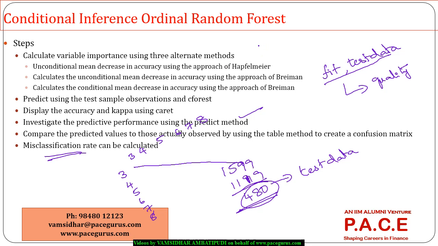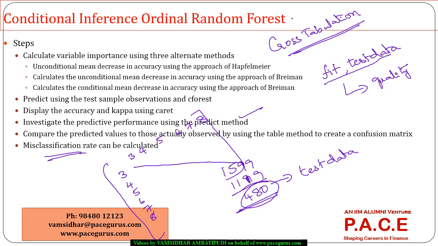Otherwise, once this confusion matrix is created, I can use the cross tabulation function from the caret package to get many more details regarding the confusion matrix that we have got. We will get the kappa and other statistics associated with the model as well.